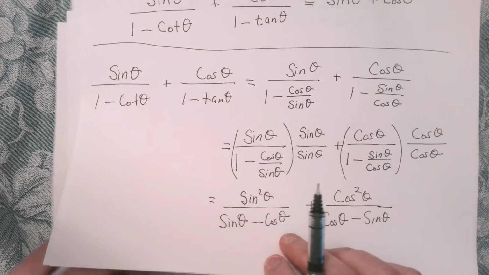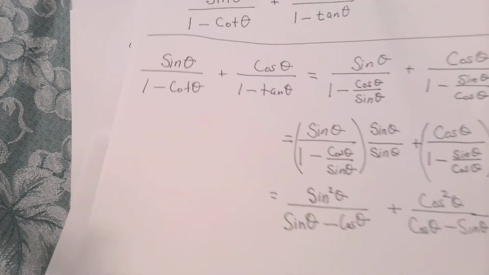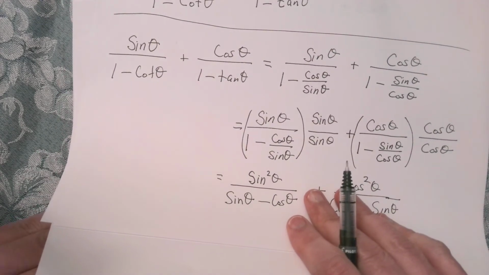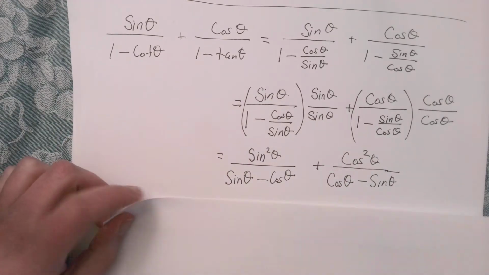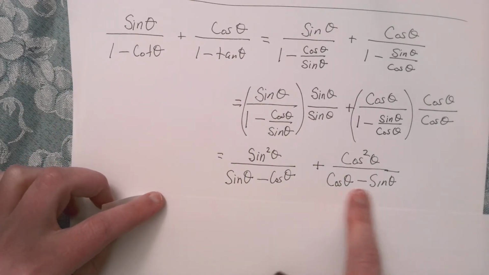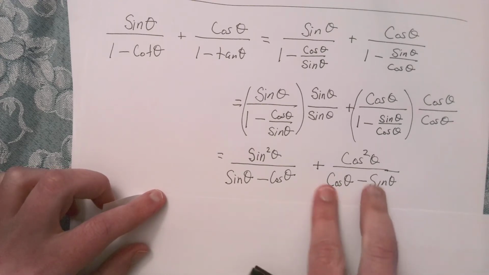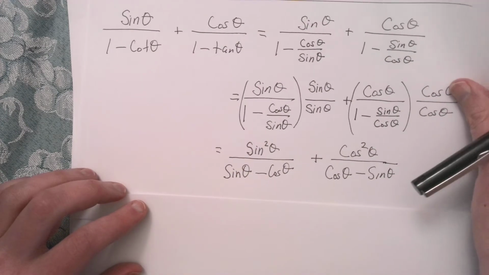But I think if we're smart, if we factor out a -1 there, so let's factor out a -1 from the denominator. Then I can rewrite that. So maybe I'll move this up.